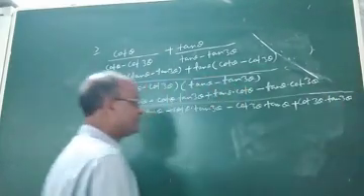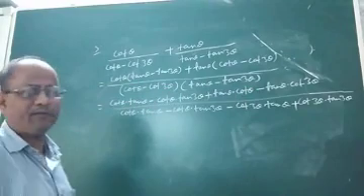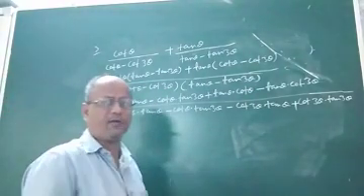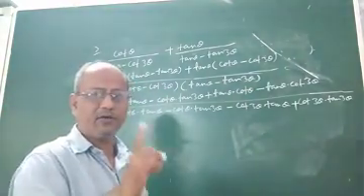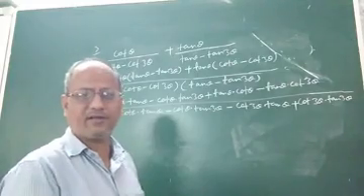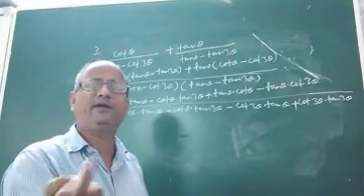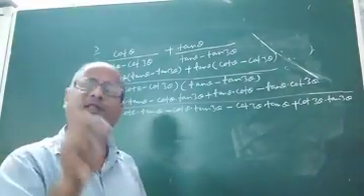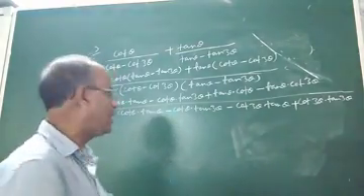Now what is the product of cot theta and tan theta? It will be 1, because cot and tan are reciprocal of each other, and if two trigonometric ratios are reciprocal of each other, then their product must be 1. You know the formula.